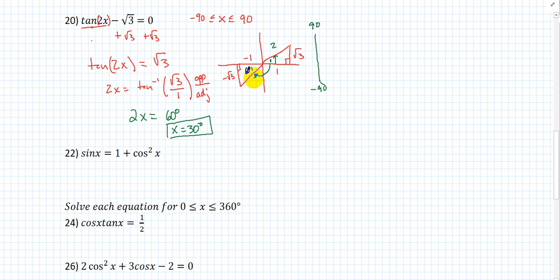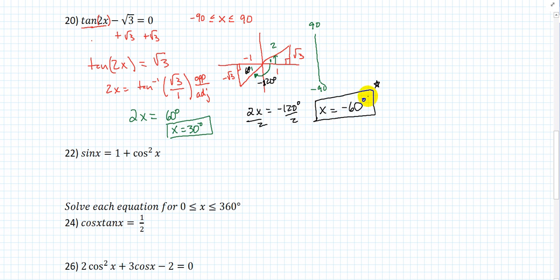So 180 degrees minus 60 is negative 120 degrees. With negative 120 degrees, I can now take 2x equals negative 120 degrees, and when I divide by 2, I get x equals negative 60. And that is a valid answer because it's between negative 90 and 90.